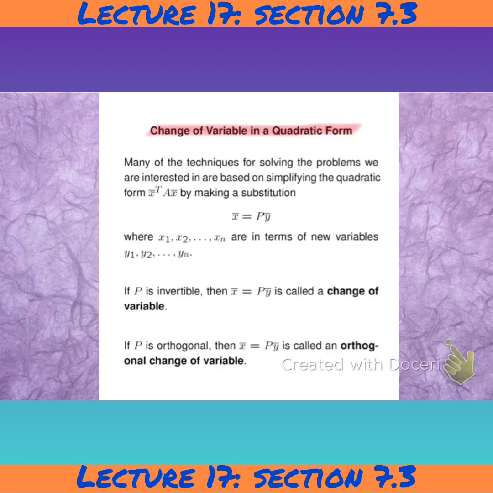So we are going to change a variable and convert the quadratic form into something that's simpler. Again, many of the techniques for solving the problems we are interested in are based on simplifying the quadratic form by making this substitution.